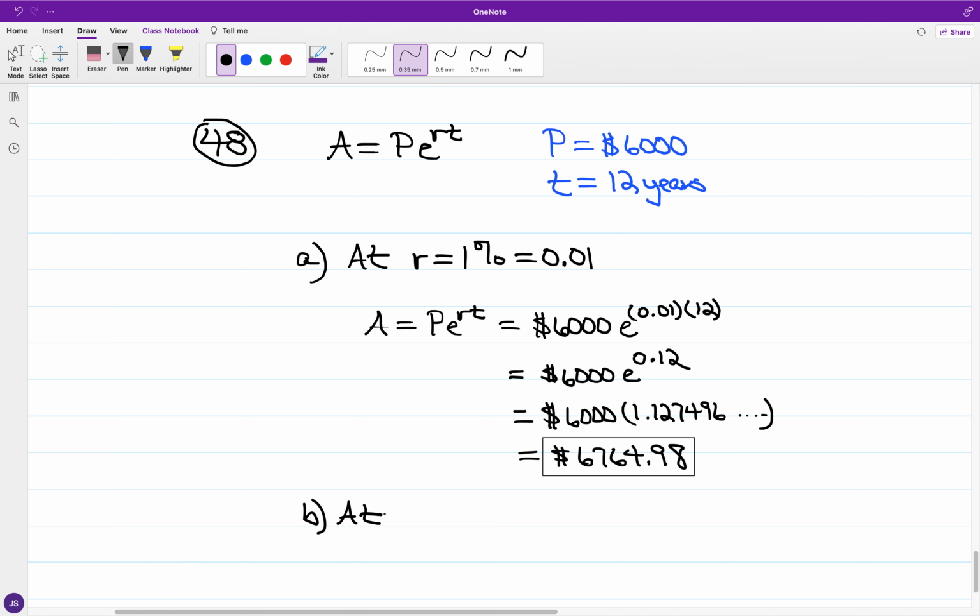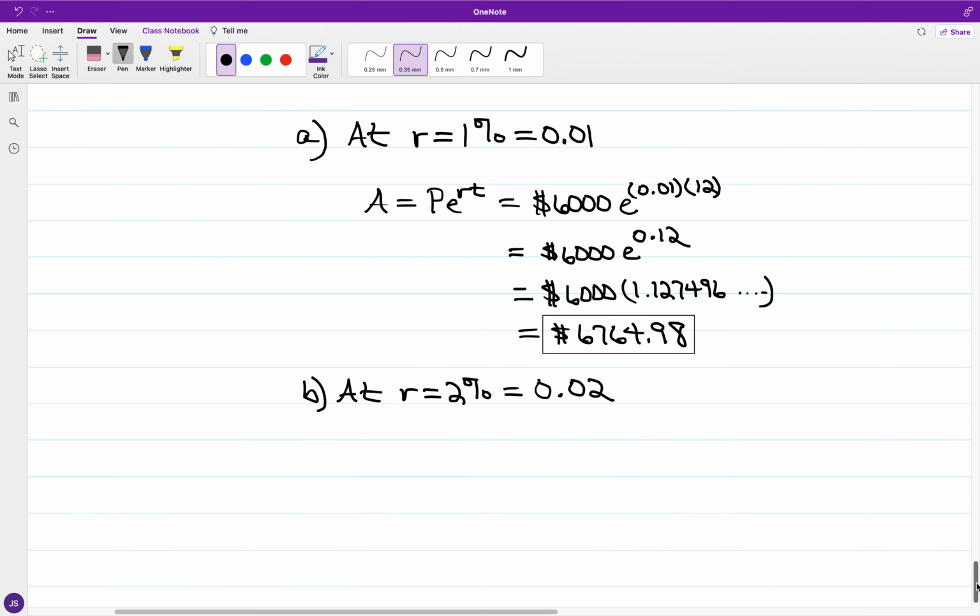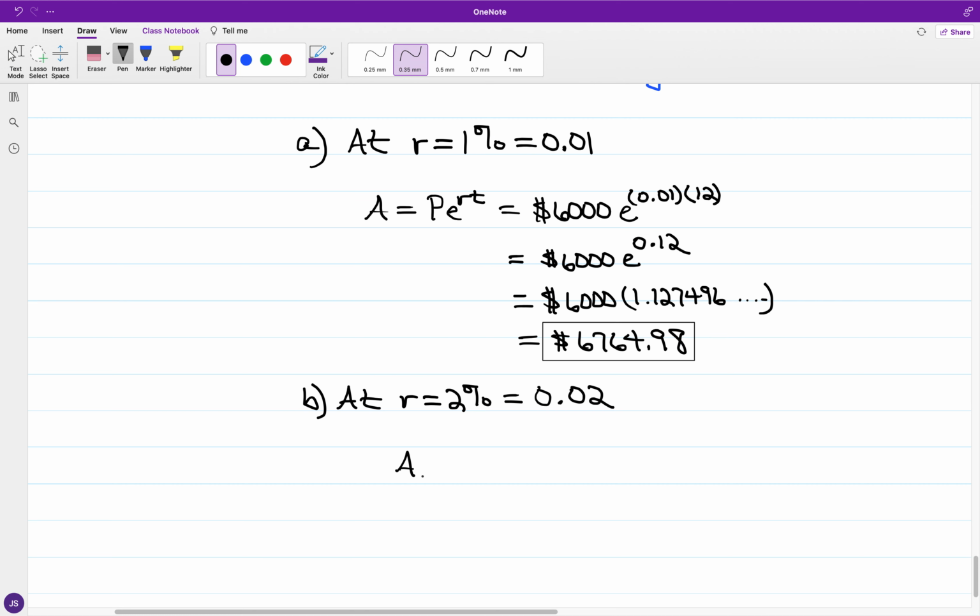And if I change up the percentage rate so that R is equal to 2%, to be able to take the computation, we convert from percent to non-percent decimal. So R is going to be at 0.02. You still have the same principal and time.